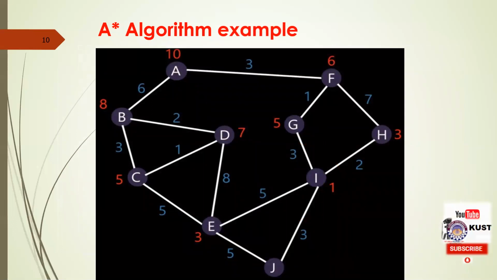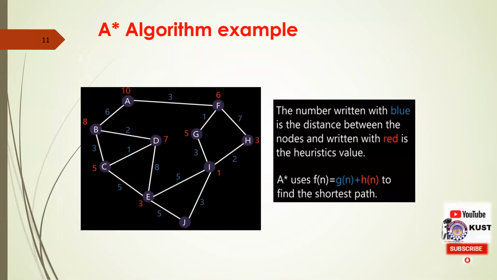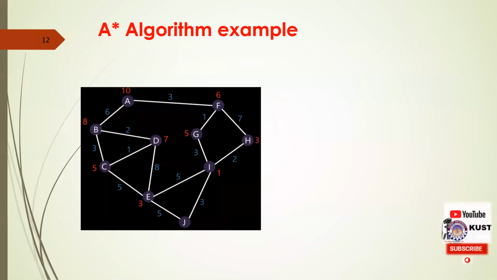This is another example that we can solve using the A star algorithm. The numbers written in blue are the distances between the nodes, and those written in red are the heuristic values. As we know, A star uses the evaluation function as a combination of path cost and its heuristic value to find the shortest path.